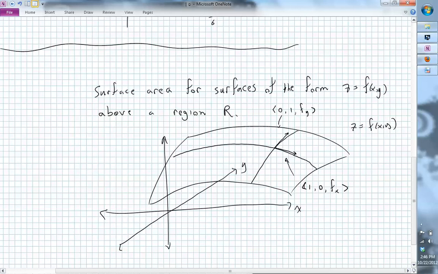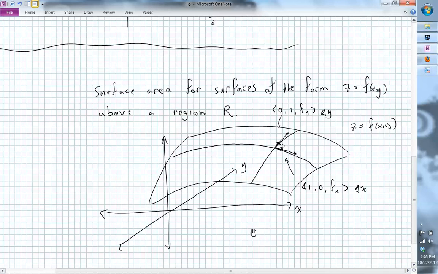And I want to scale these guys down by little infinitesimal distances. Let's say delta x here and delta y here. So now maybe they're really tiny little vectors, like that and like that. I want to think about the little parallelogram that those guys define on the surface.